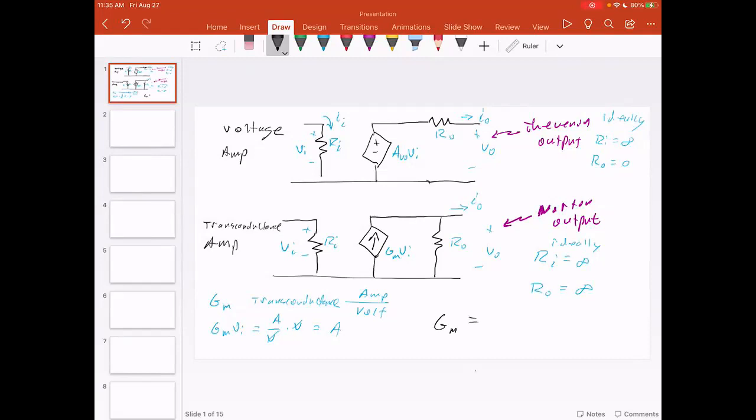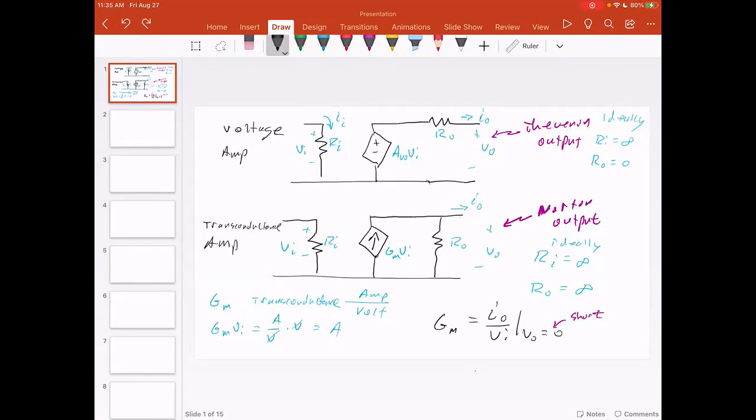I'm not sure I should say define, but it's I_out over V_I, with V_out equal to 0. That means we're talking about a short, right? Short the output, which means we just put a wire across there, and no matter what the value of R_0 is, the current will all flow through a short that you attach there.